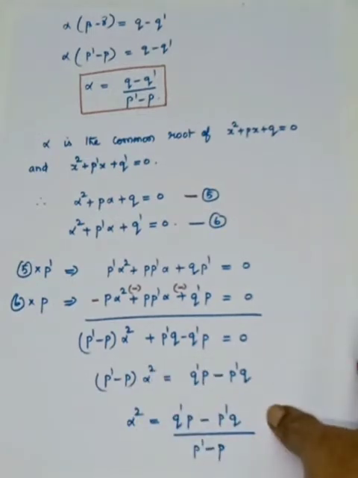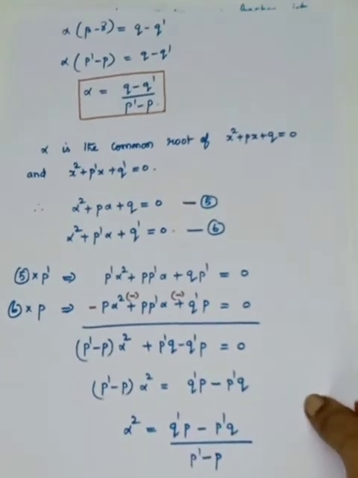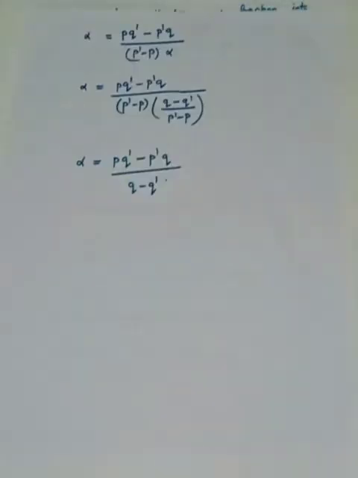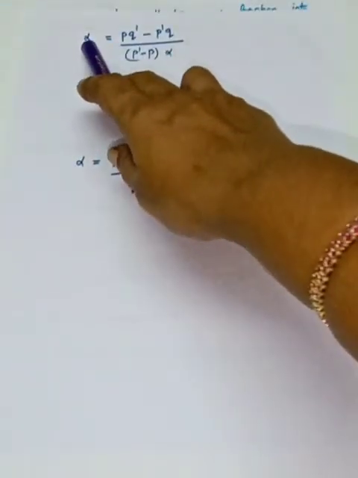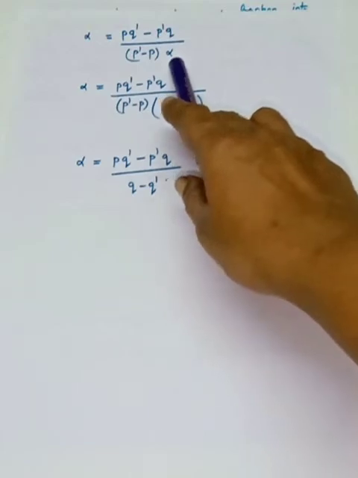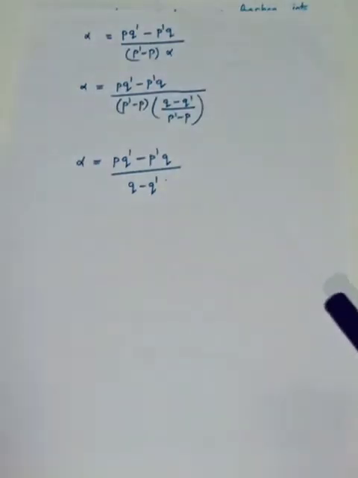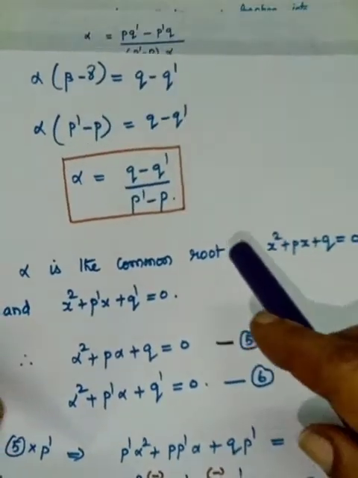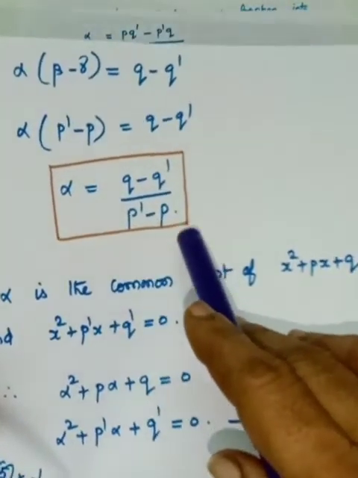So alpha is needed, but what we got is alpha squared. So the alpha squared can be written as alpha into alpha. One alpha I keep here and one alpha I have written in the denominator on the right side. So already we have found the alpha value: it is (q minus q dash) divided by (p dash minus p).